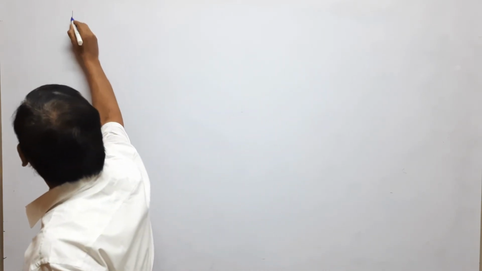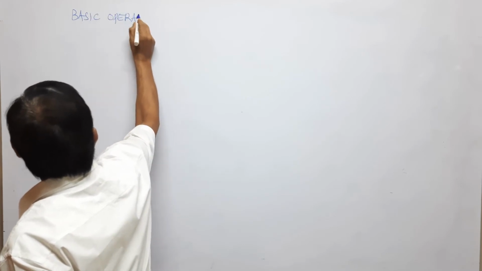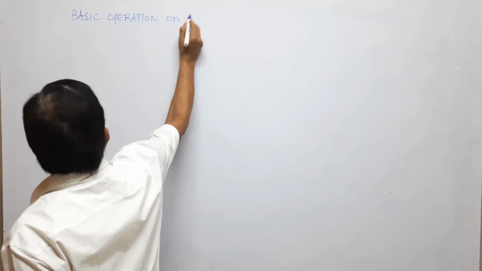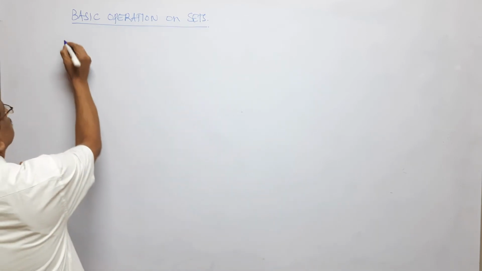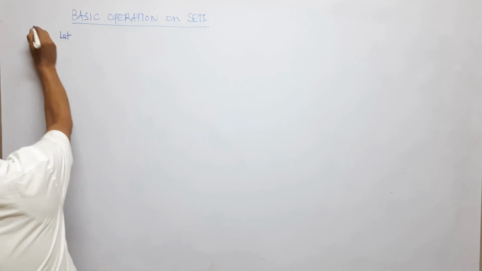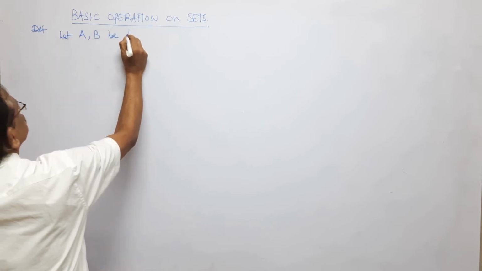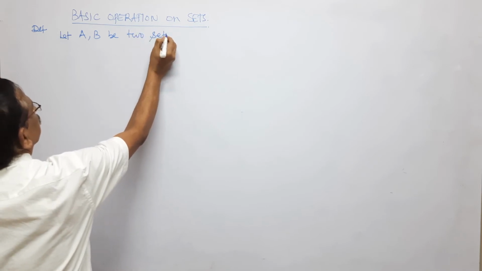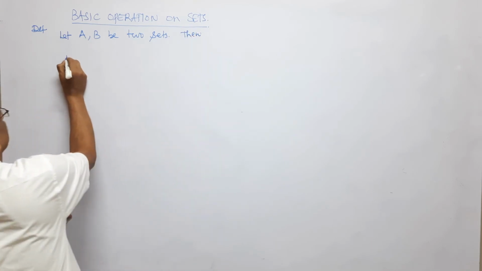Now let us look into the basic operations on sets. I will give you the definition of these operations. The definition is, let A and B be two sets. Then 1.